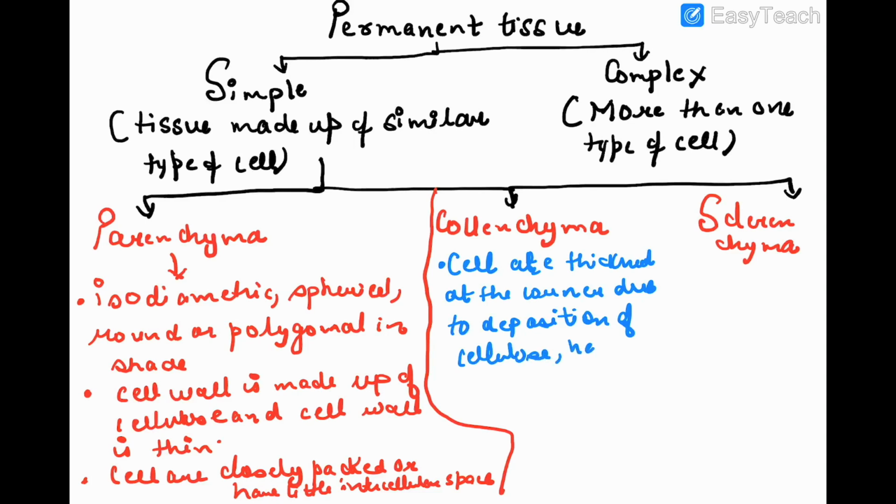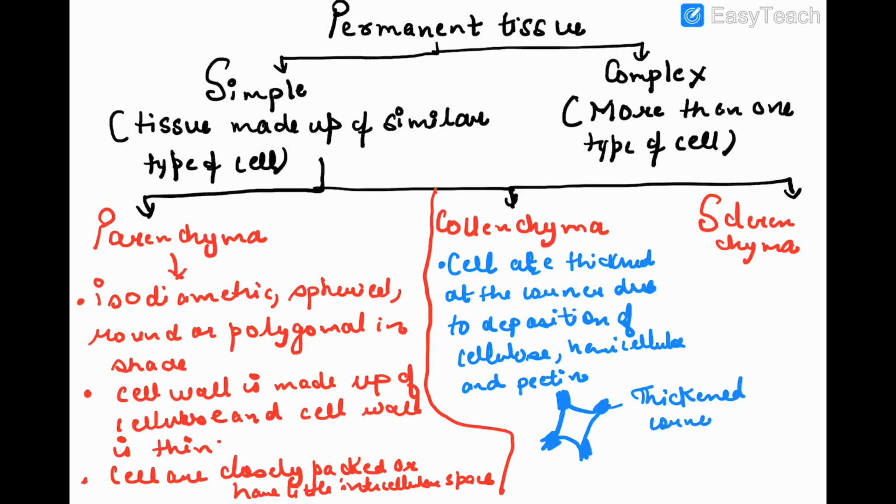So if this is a cell, it would be thickened at the corner. See, I'm drawing this, it is thickened at the corner. And this thickening is of cellulose, hemicellulose or pectin.